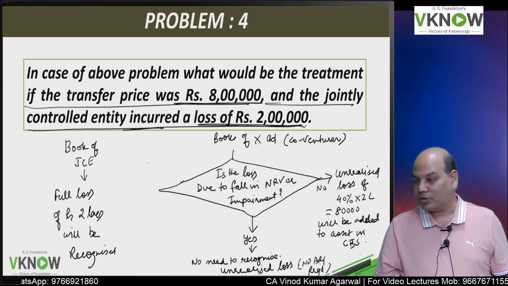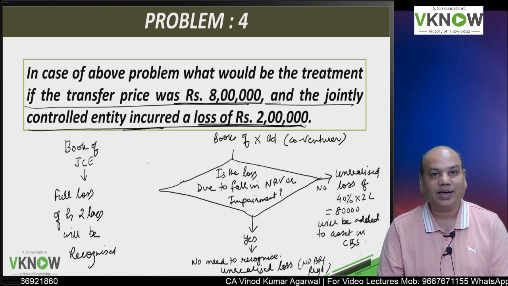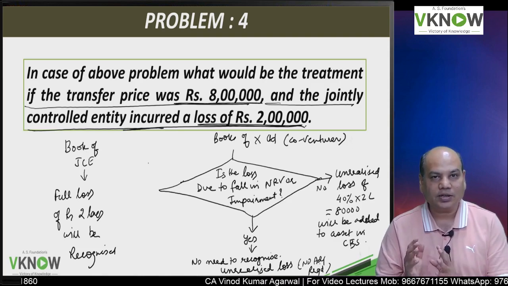I repeat, if the answer is no, unrealized loss of rupees 80,000 will be added to the asset in the consolidated balance sheet.